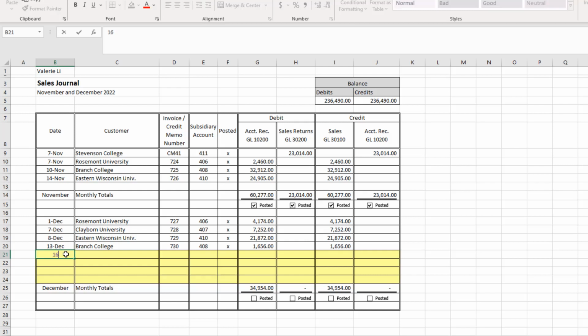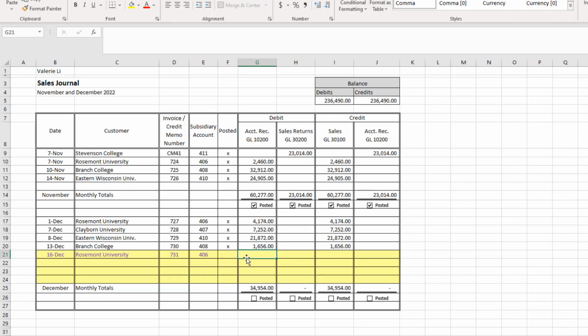That would be December 16, the date, and the customer would be Rosemount University, and the invoice I'm going to use is 731.